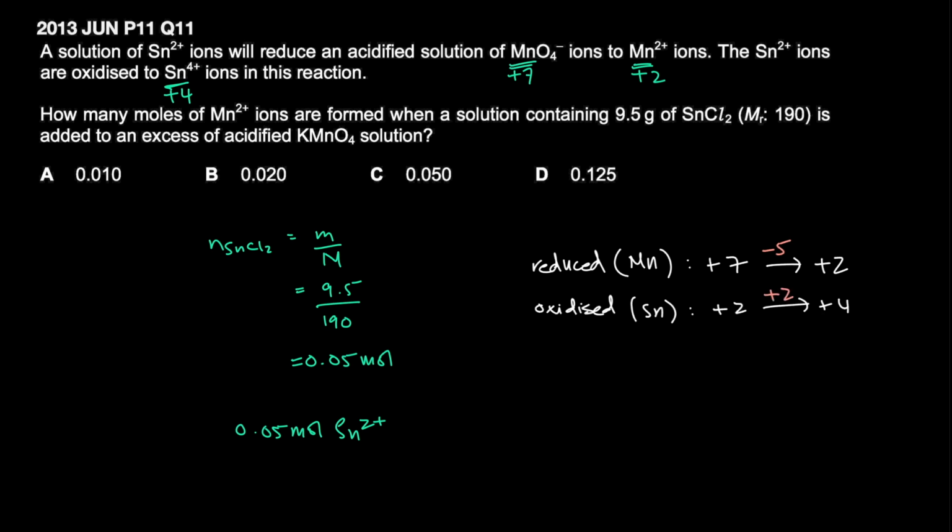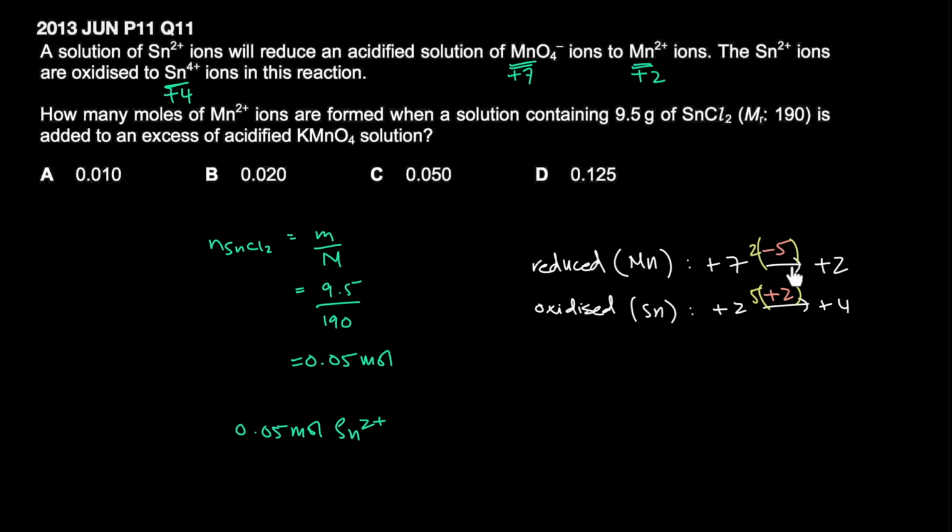So if we had to balance the changes in oxidation numbers, we would need 2 moles of manganese atoms for every 5 moles of tin atoms, because each manganese atom has a change of -5.